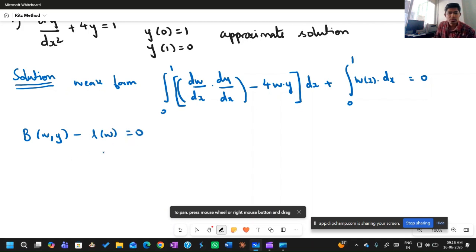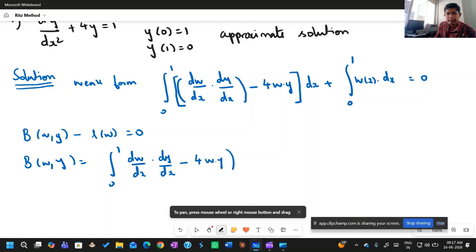So the bilinear functional is equal to integral from 0 to 1 of dw by dx into dy by dx minus 4wy into dx. Then the linear functional would be equal to minus integral from 0 to 1 of w of x into dx.